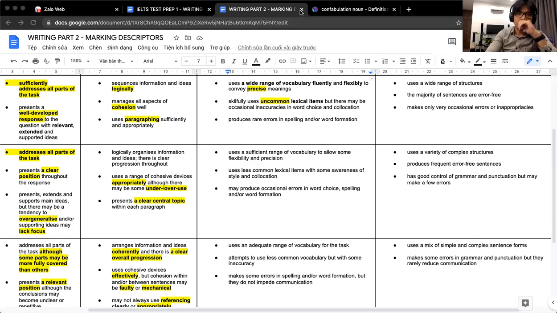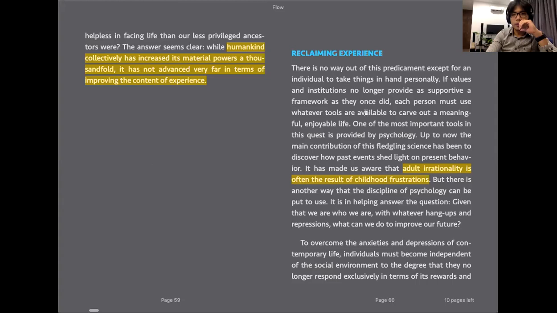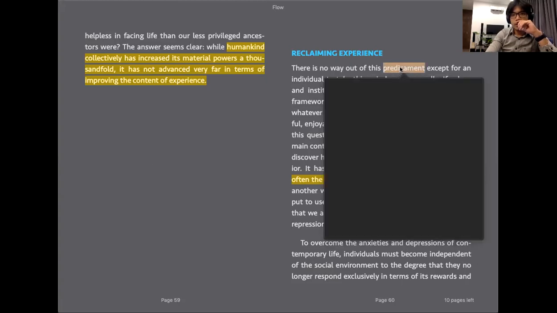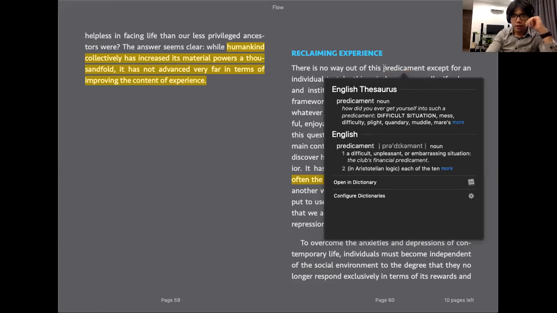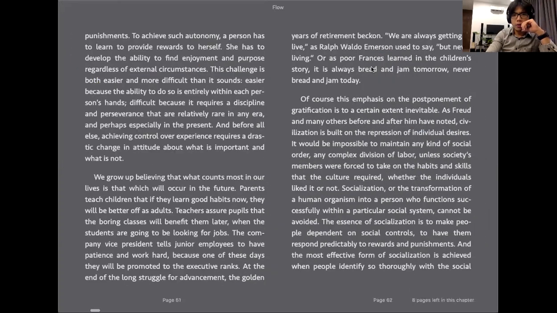He is a psychologist, and something uncommon here means words like irrationality or predicament. So yeah, words like that, but not really words that people never use. So if you want to get good at writing, you have to read more.